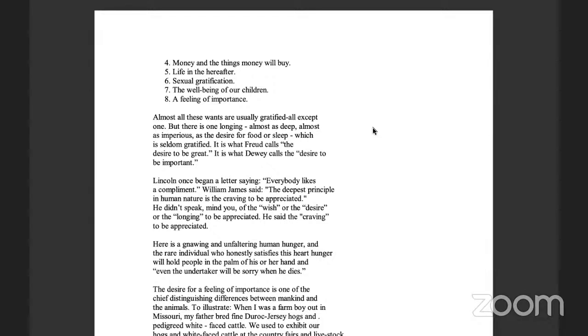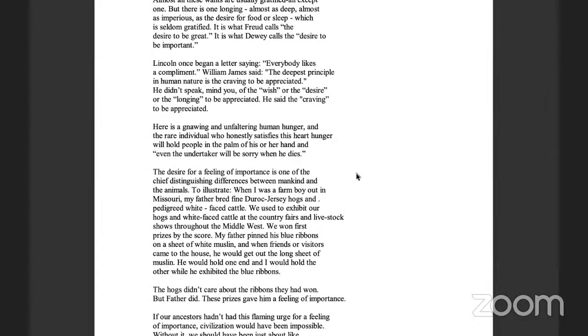He didn't speak, mind you, of the wish or the desire or the longing to be appreciated. He said the craving to be appreciated. Here is a gnawing and unflattering human hunger. And the rare individual who honestly satisfies this heart hunger will hold people in the palm of his or her hand, and even the undertaker will be sorry when he dies.